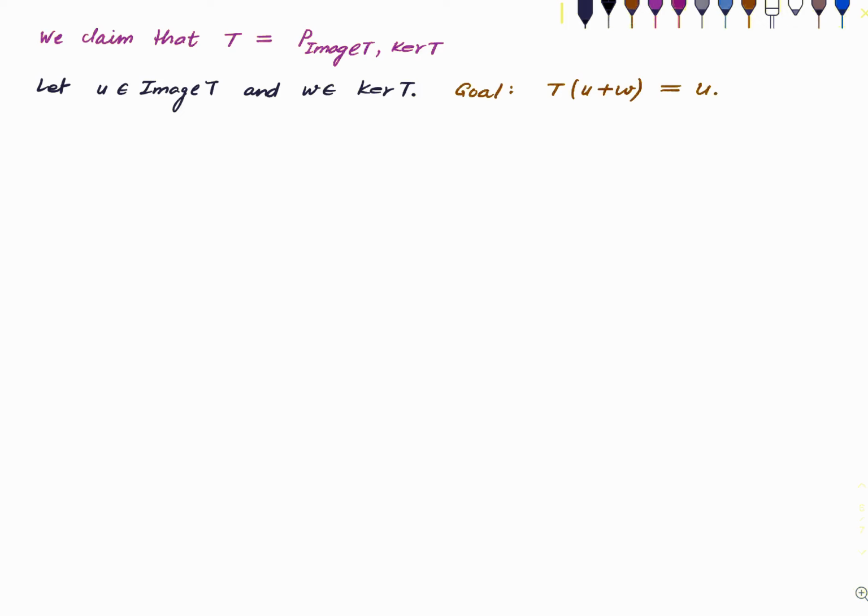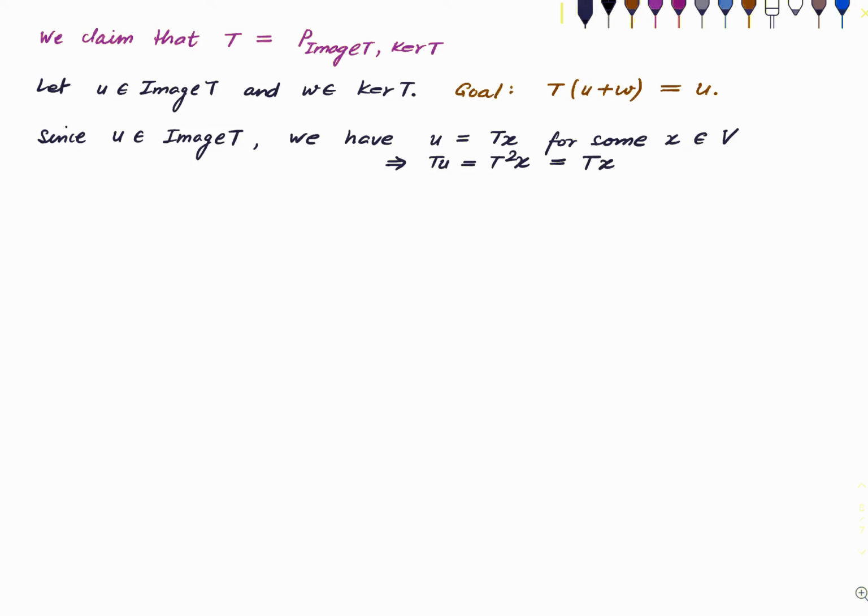So, since U is in the image, we have U is equal to T of X for some X, which implies T of U is equal to T squared X. But T squared is equal to T, and hence T squared X is equal to T X, which implies T of U is equal to U, because T of X is U. So T of U is U, fine.